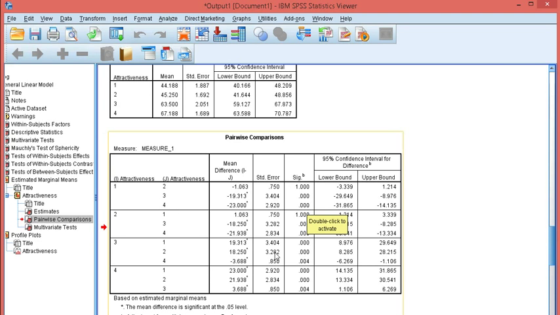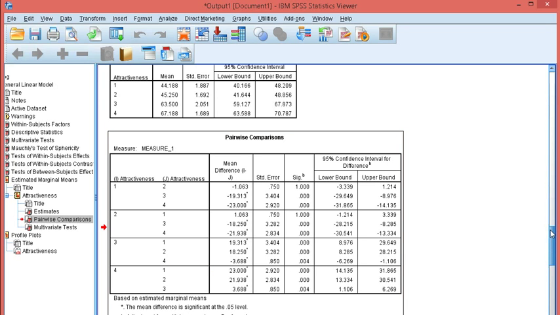And the rest of the table basically makes the other comparisons. 2 and 1 is basically 1 and 2. 2 and 3, significant. 2 and 4, significant. 3 and 1 is basically 1 and 3. 3 and 2 is basically 2 and 3. This is the new one. 3 and 4 is also significant.